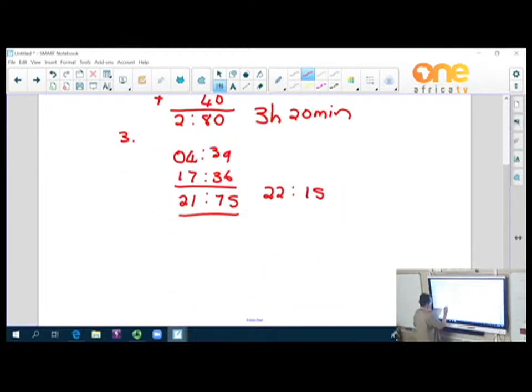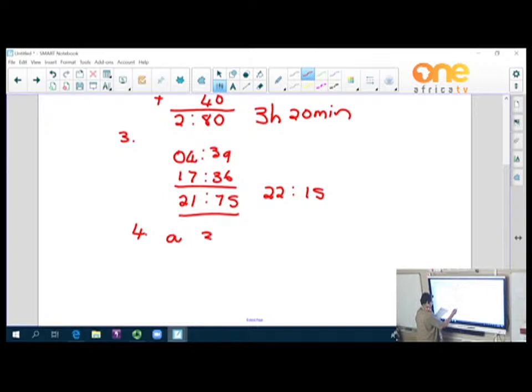Question 4, or not the elapsed time, the specific time. So we have to read the question. Number 4 is a table. It's flights in hours and minutes of Air Namibia's schedule, time of departure, time of arrival, and you have to find out how long the flight is every time. So we're just going to subtract the two from each other.